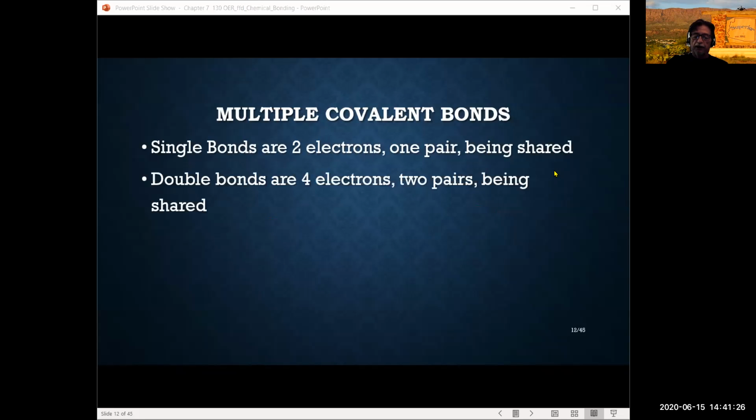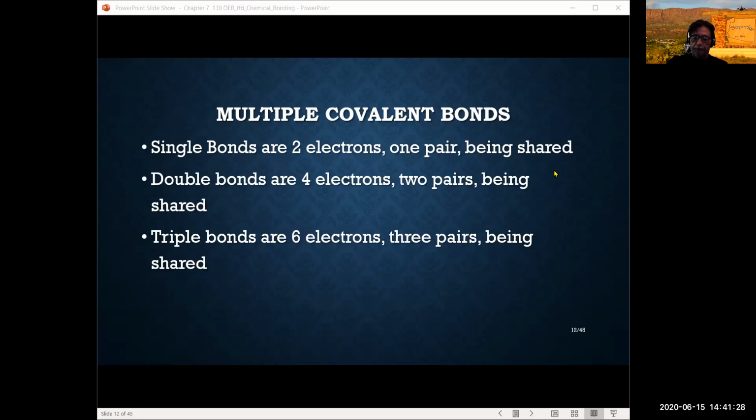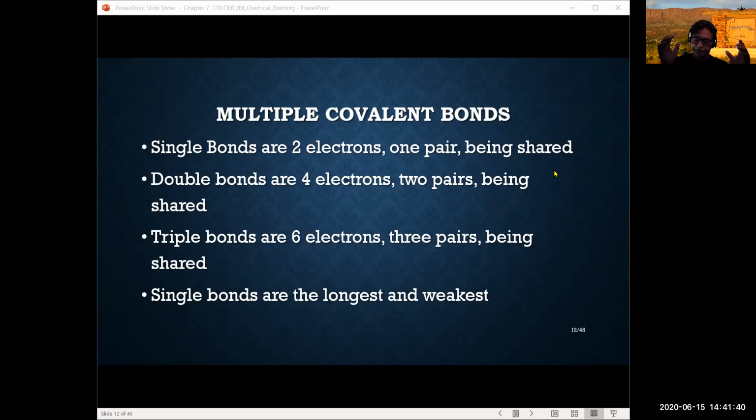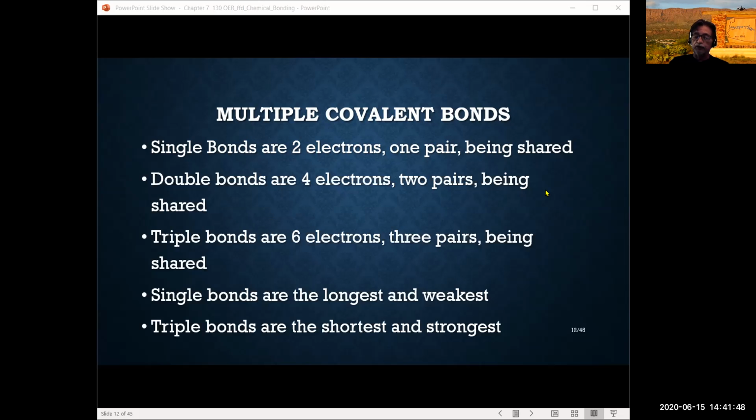So we have single bonds, double bonds, triple bonds of electrons, like we just mentioned. Okay, now with respect to strength, single bonds are normally the longest bond, meaning between two elements, that bond is a little bit longer. And the weakest when we compare it to the triple bond.